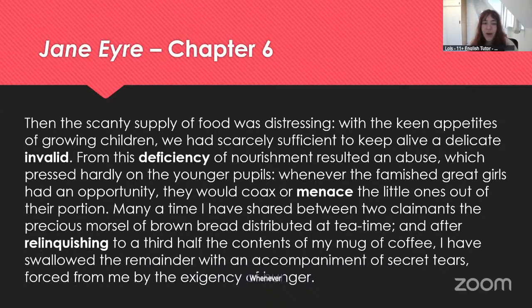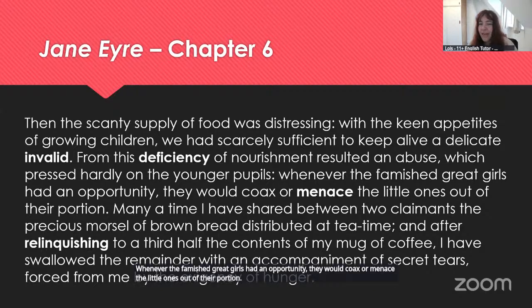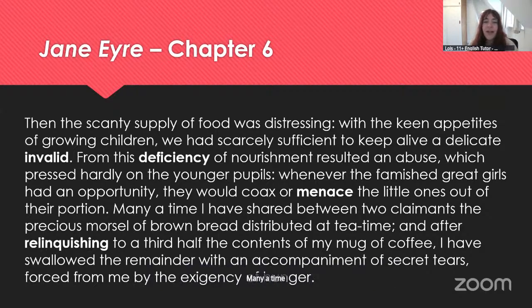Whenever the famished great girls had an opportunity, they would coax or menace the little ones out of their portion. Many a time I've shared between two claimants the precious morsel of brown bread distributed at tea time, and after relinquishing to a third half the contents of my mug of coffee, I've swallowed the remainder with an accompaniment of secret tears, forced from me by the exigency of hunger.